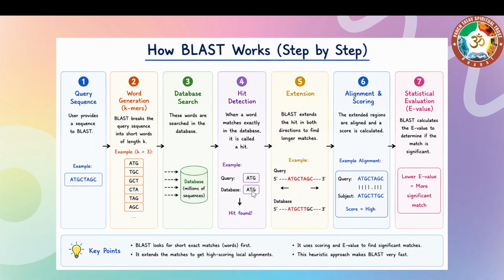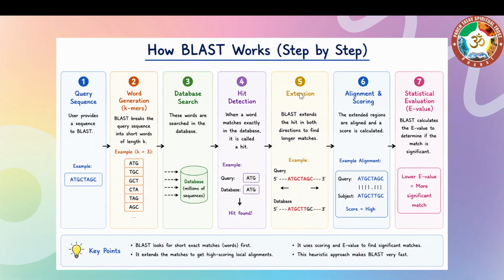The important point to remember here is that at this stage, BLAST has not aligned the full sequence. ATG matched in all those 4 database sequences, and this is called a hit. Here we are not aligning the complete sequence. It has only found the small matching regions.